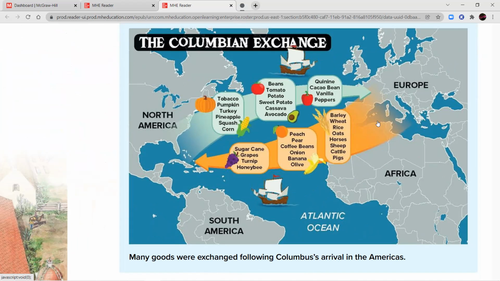Some of the things they brought from Europe included sugarcane, grapes, turnips, honeybees, peach, pears, coffee beans, onions, bananas, olives, barley, wheat, rice, oats, horses, sheep, cattle, and pigs.